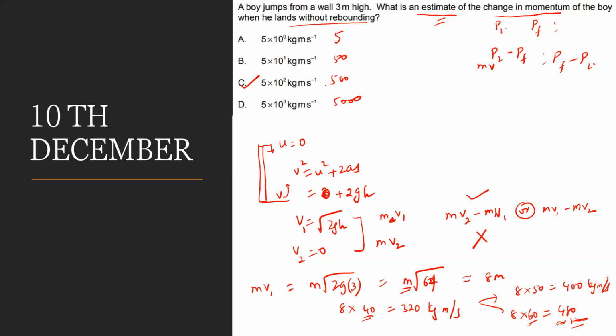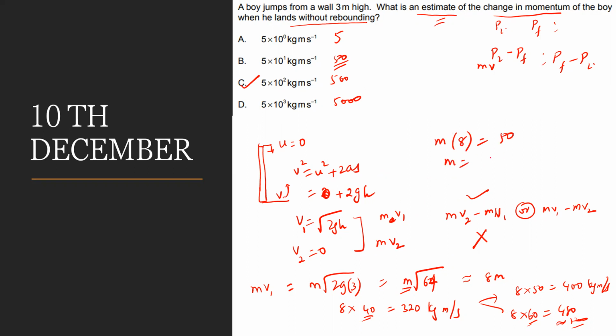Now, if I substitute any other value apart from this, let us say, for example, you assume that you have got an answer equal to 50. If you want to get an answer equal to 50, what should be the mass of the boy? Let us do that also. M into 8 should be equal to 50.